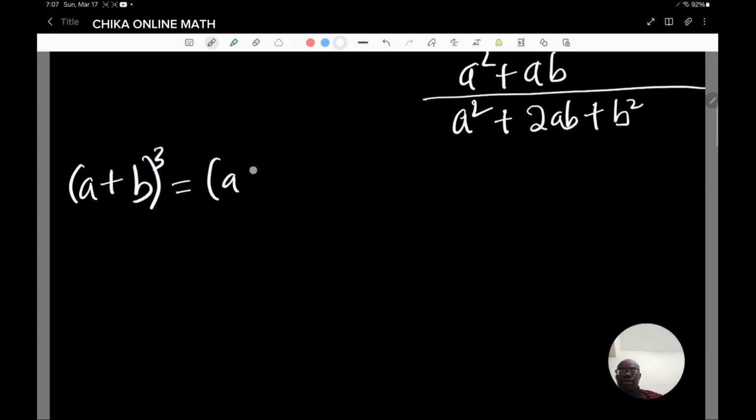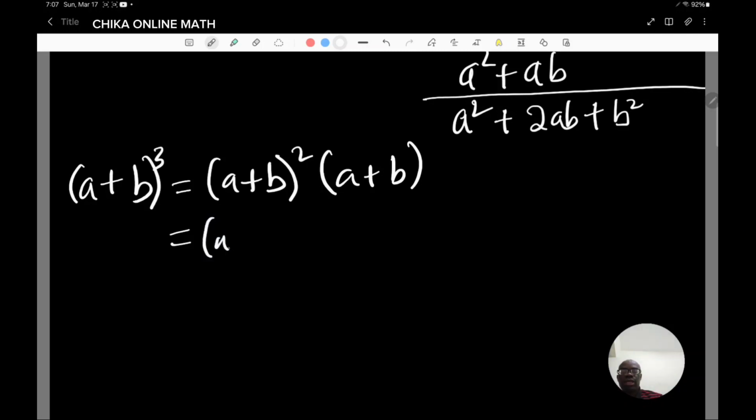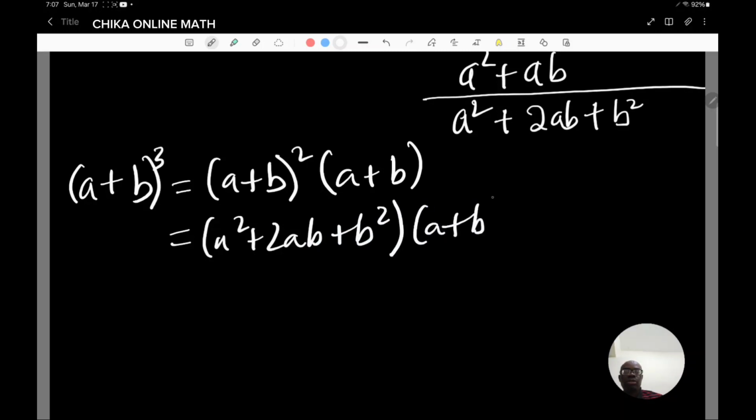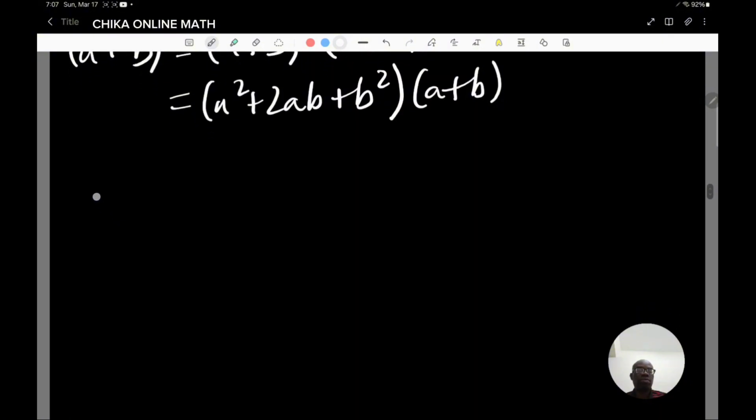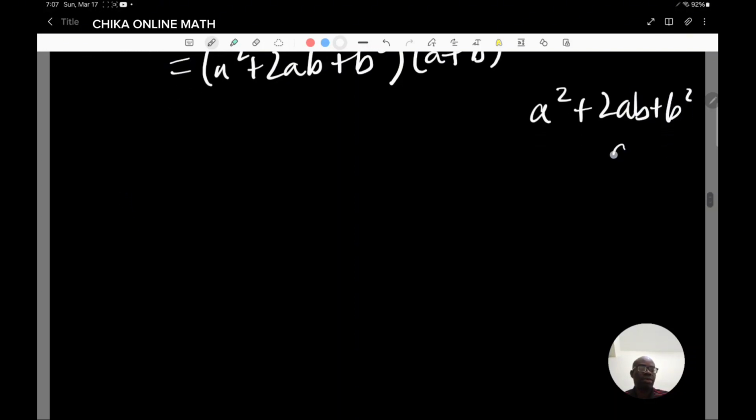Now this is nothing but (a + b) squared times (a + b). And (a + b) squared, we have it this side as a squared plus 2ab plus b squared, times (a + b). So let's do the multiplication by the side. We write them out, and then a plus b. So we use b to multiply.